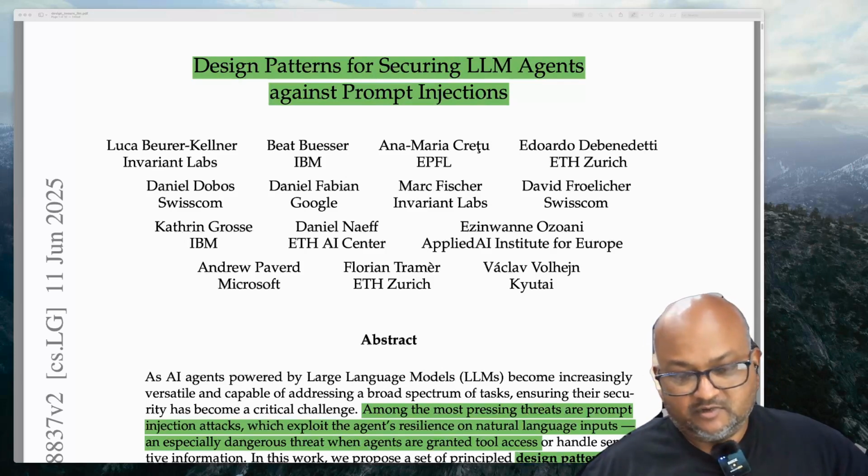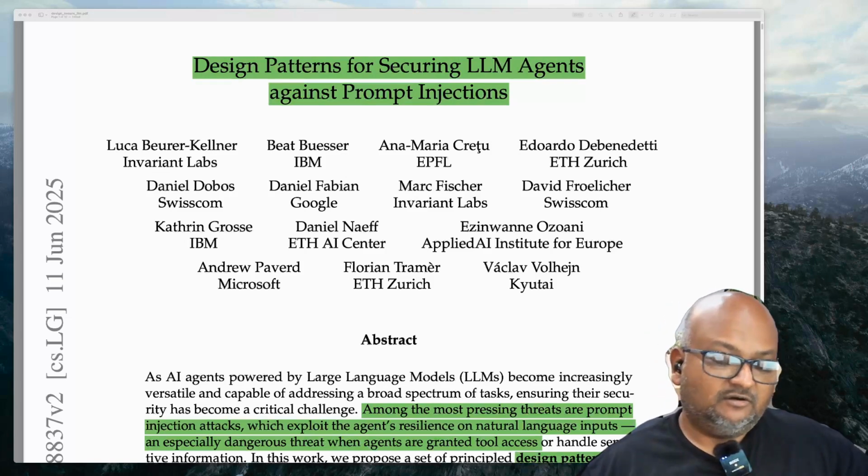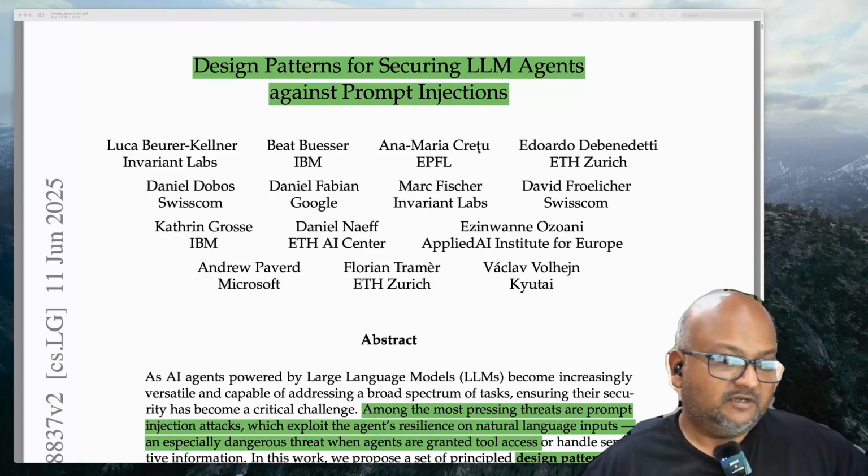And the other big one, which has come up in the last year or so, is prompt injection, or this whole notion of how do you make LLM-based applications or agents secure to data exfiltration, secure to performing unauthorized actions, and so on.